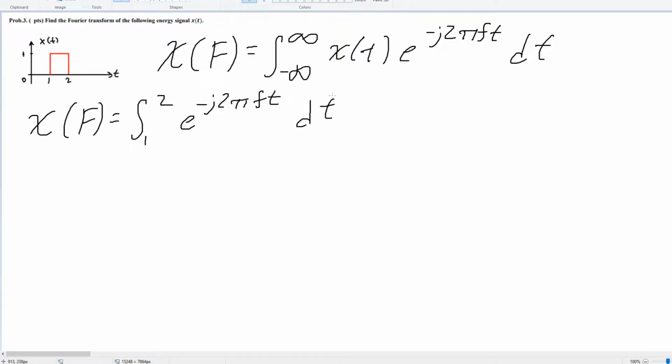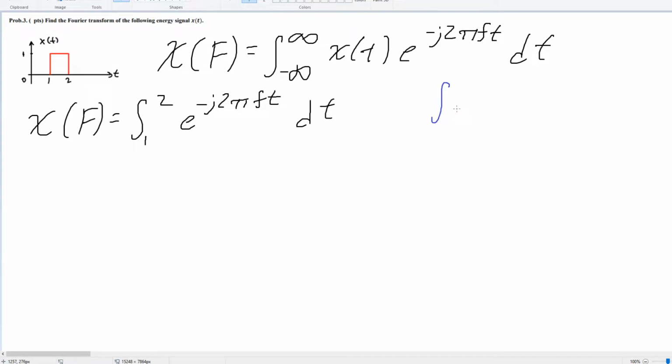Alright. And so now we have to integrate this, and just to remind you guys, if you have e to the negative j 2 pi ft, let me just write the general equation over here. If you're taking the integral of e to some value times t, and let's say a is a constant, then, let me write this in a different color so I can circle this later.